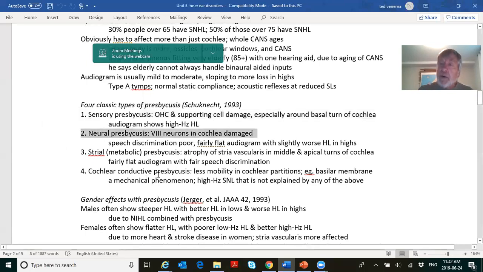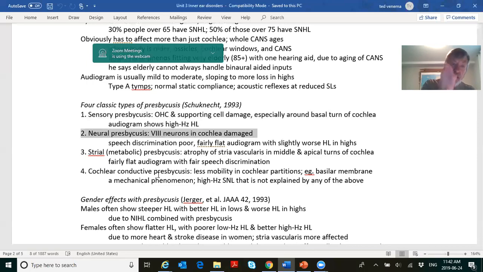Then he found another type that was neural. Here, what does the 8th nerve mainly attach to? What set of hair cells? The inner or the outer? It's the inners. The inners send all info to the brain. The outers take info from the brain to sharpen the traveling wave.